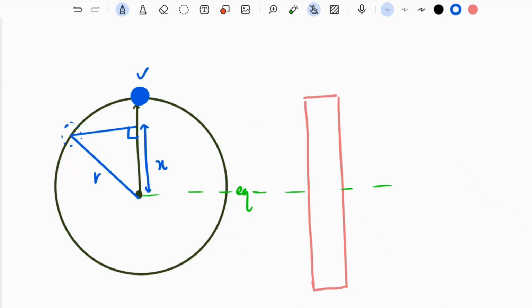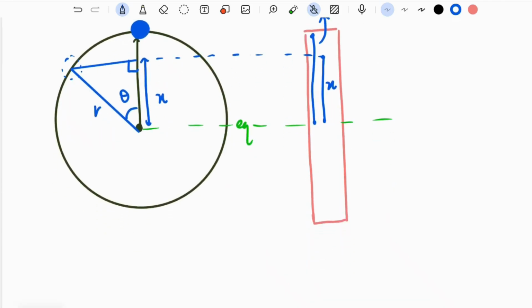So I'll just measure here as x, so that it's easy for us to draw the graph later. And this is our radius, remember? From the equilibrium to the highest point is our radius, which is the amplitude. This is our angle theta. It has moved through a certain angle theta after a certain time.